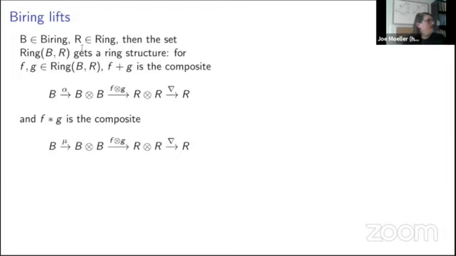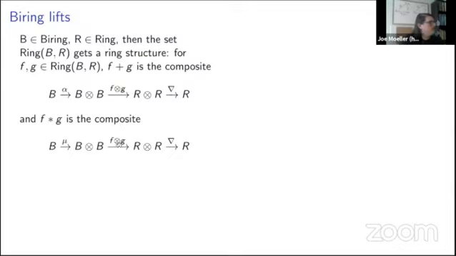But if you have a biring and then any other ring, there is a ring structure you can put on this Hom set, and it's given by precomposing with these co-ring structures. So the sum of two ring homomorphisms, for instance, will be just the composite of taking first the co-addition, then doing f and g in parallel, and then doing the codiagonal, which in the case of rings is going to be just multiplication, and very similar for multiplication.